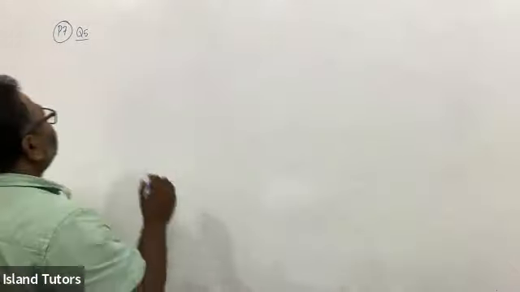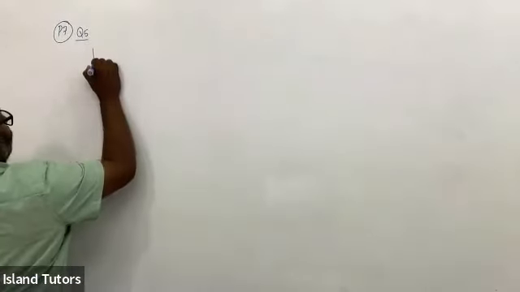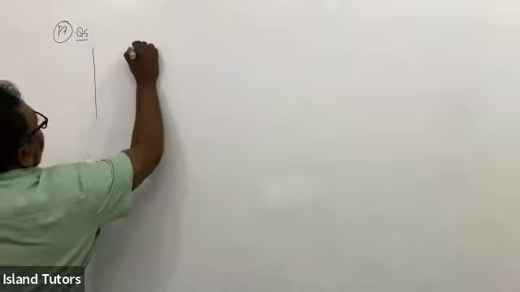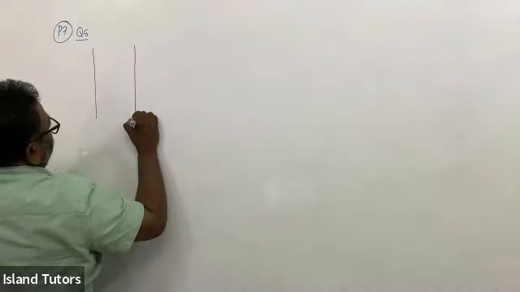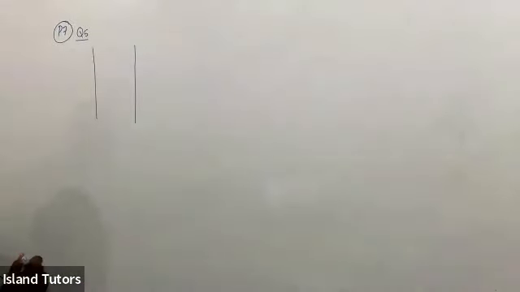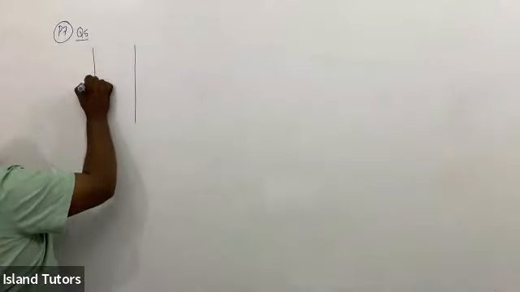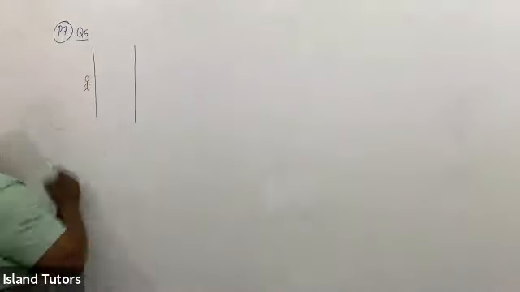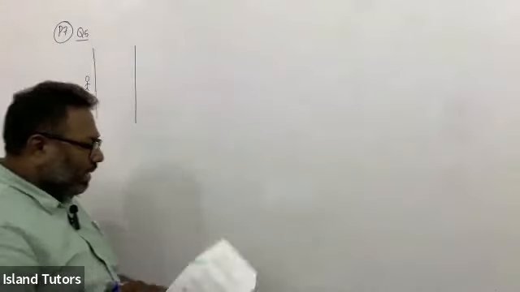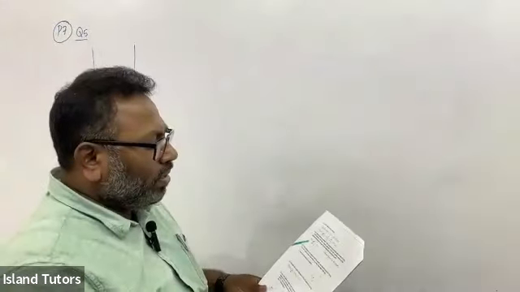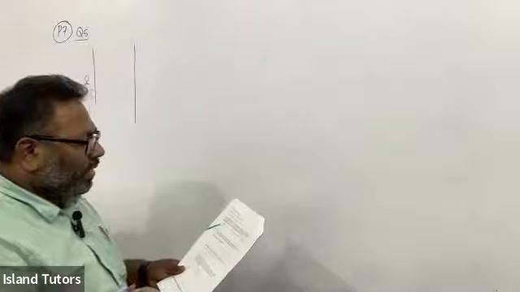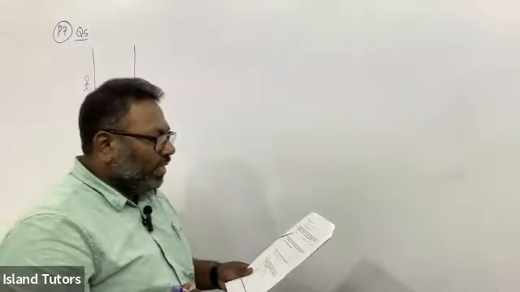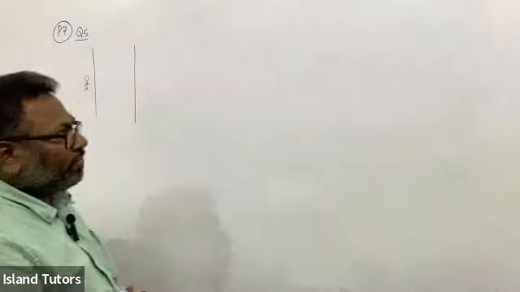So we just draw a rough sketch. You have a river like this. There is a person standing here, and he looks at a bird on top of a tree which is 10 meters in height.